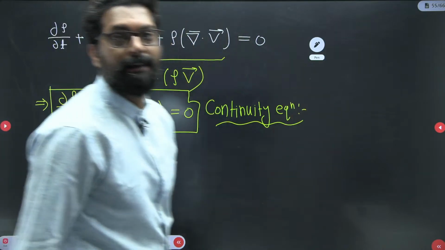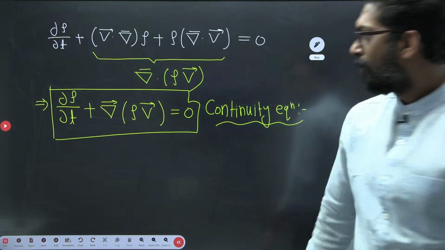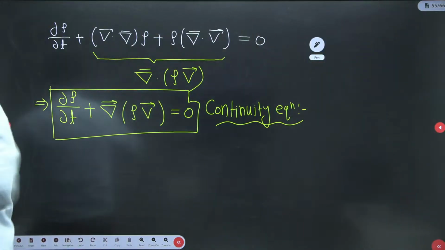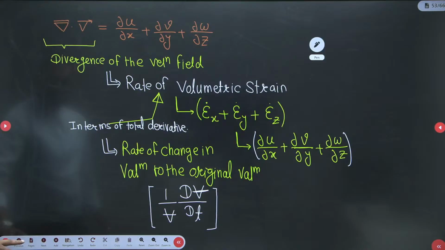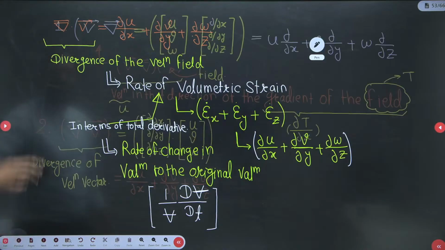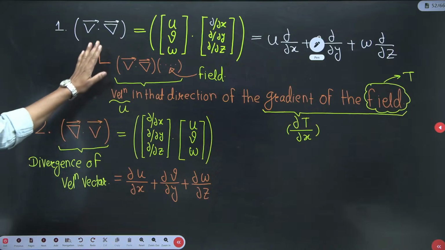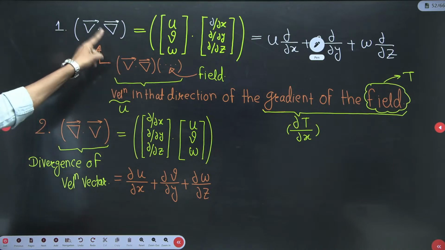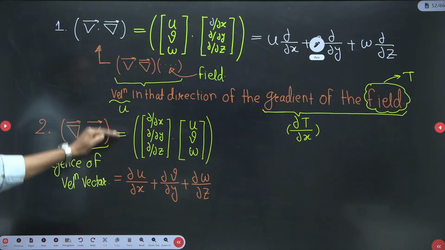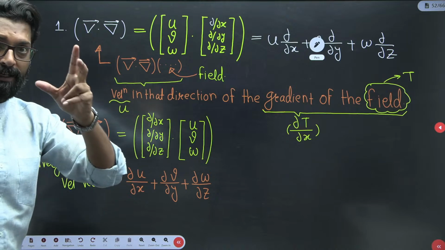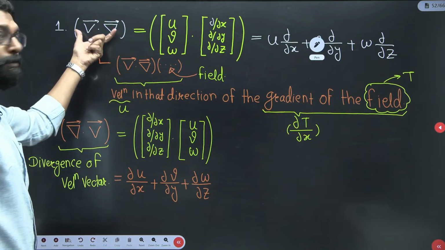So, my dear, the moral of the story for today, the main thing you have to understand, is this: 90% of students get confused between V dot del and del dot V. Both are different things. If you take the total derivative, this term comes.